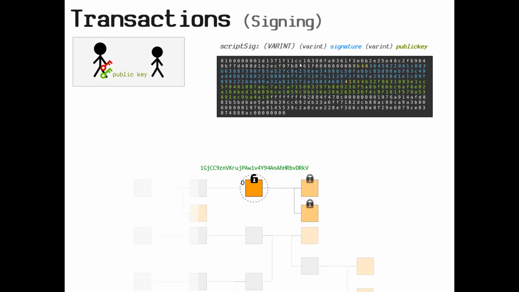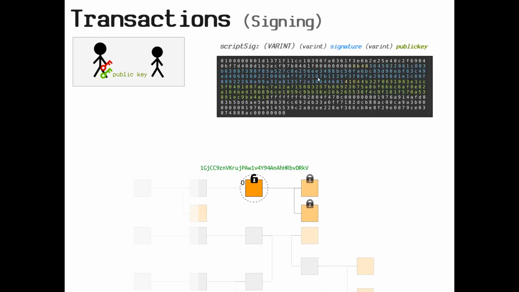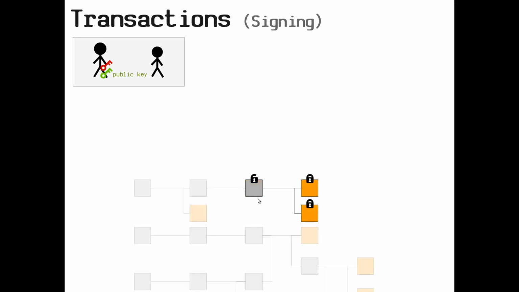Because we have fixed field sizes and also variable field sizes, you can decode this transaction and get the right amount of data, so you know which part is which. So again, we'll just send that into the network because we've put the signature in there to unlock it. We'll send that into the network, and eventually the transaction will get mined, and it will extend the graph like so.